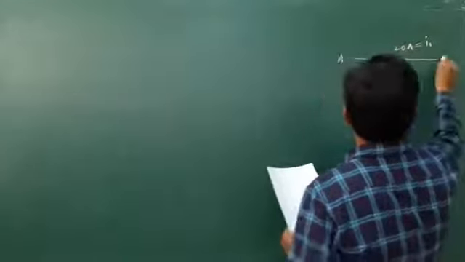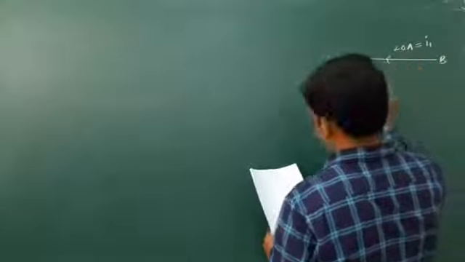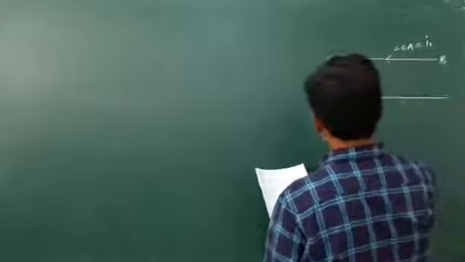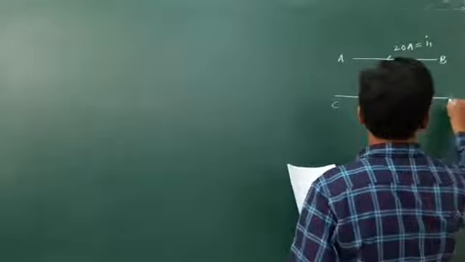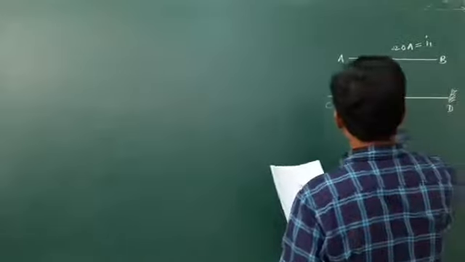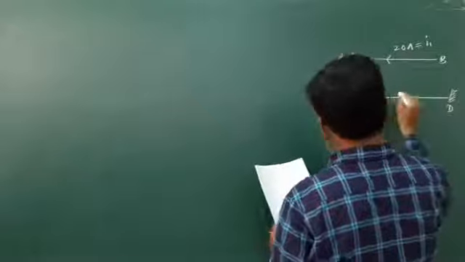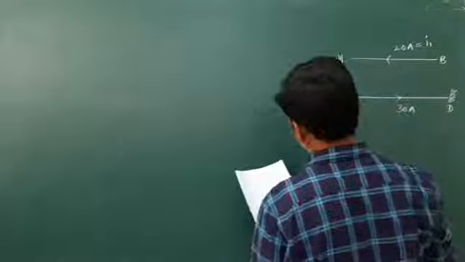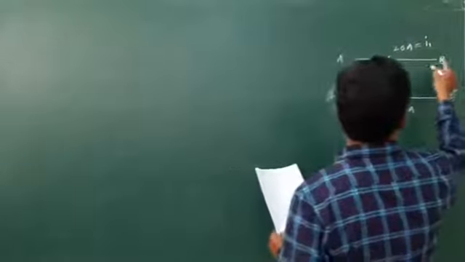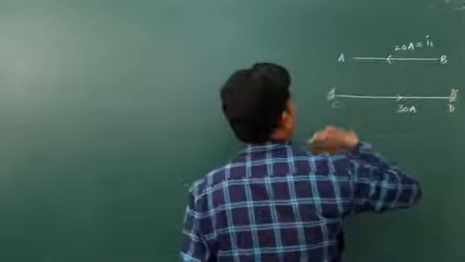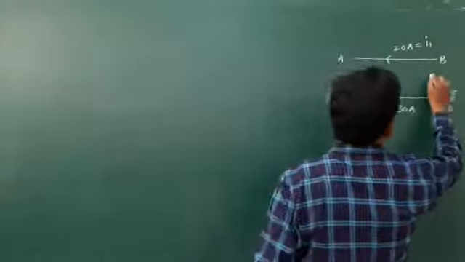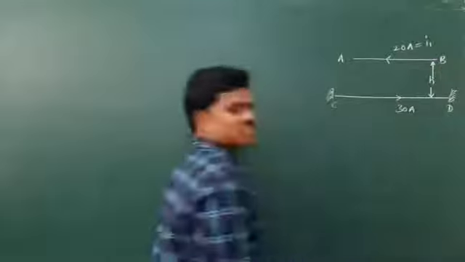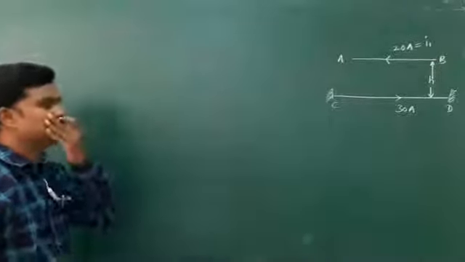This is A, B, and another wire is fixed, that is C, D, rigidly fixed, carries 30 ampere, and they are separated by a 0.01 meter gap. Let us suppose the gap between these two is h, because one is above the other. Otherwise R, that's not a problem.